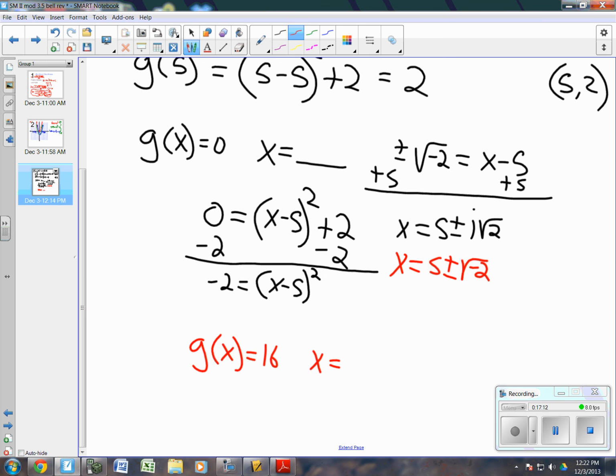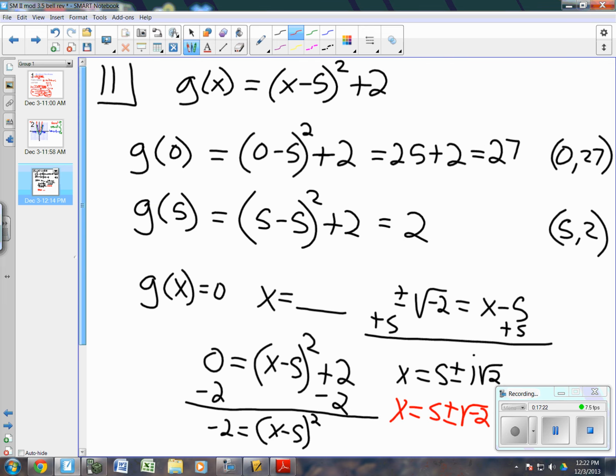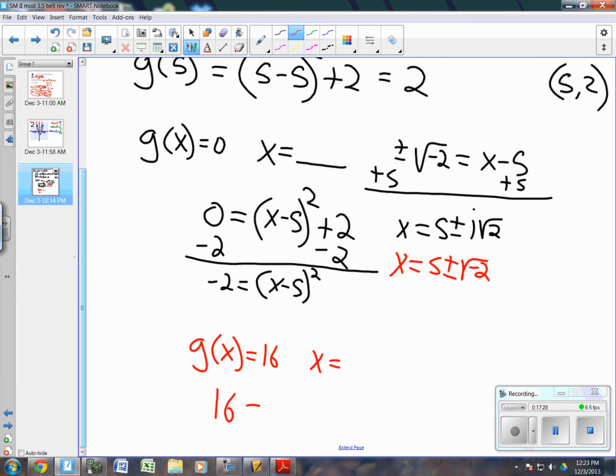It tells you. 16 is going to go in for g of x. Where is g of x? Right here. For those of you guys that don't get this, you're just going to replace that with 16. That's all it means. This is not rocket science right here. This is 16 equals (x minus 5) squared plus 2, right?